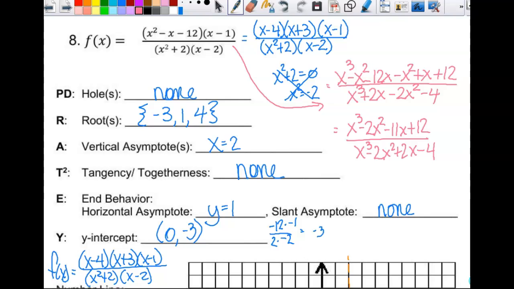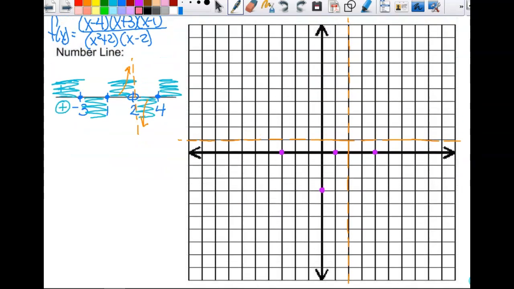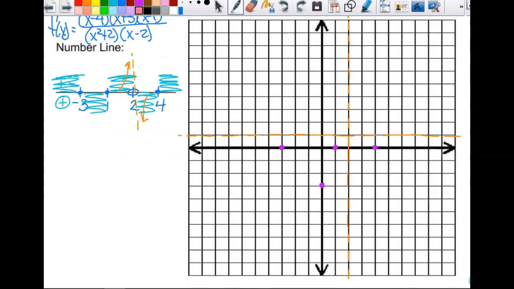Okay, so I'm going to scroll to where I have some room to work. That means I take my function that's all multiplied out, and that would be x cubed minus 2x squared minus 11x plus 12 over x cubed minus 2x squared plus 2x minus 4.